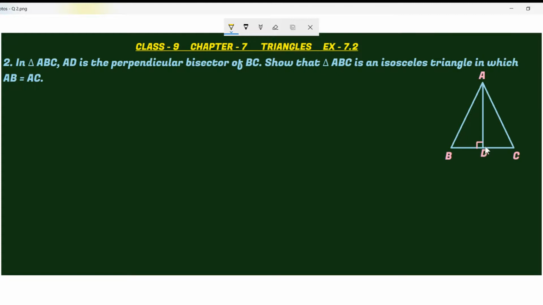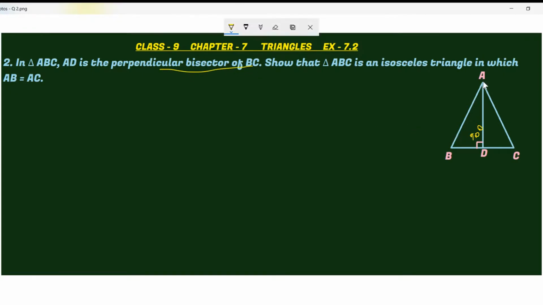So these two, AD and BC, will together make a right angle, we know. If one line is perpendicular to another line, then both lines will form a right angle. Right. AD is the bisector of BC, that is given in the question.